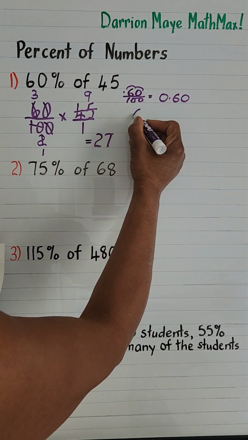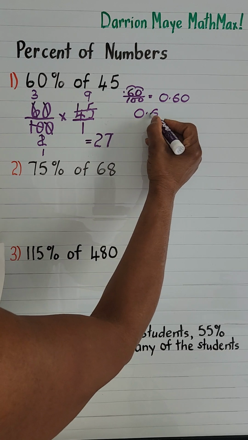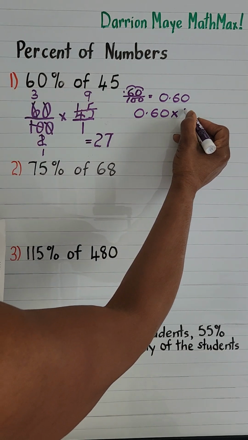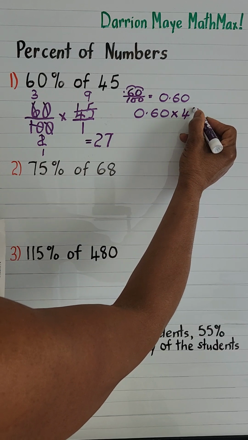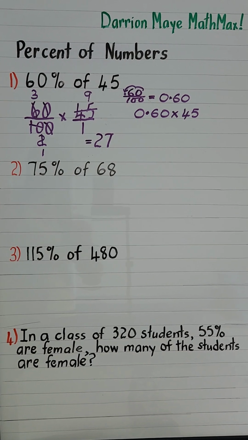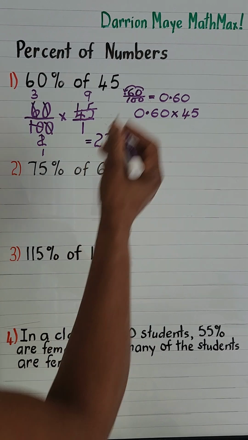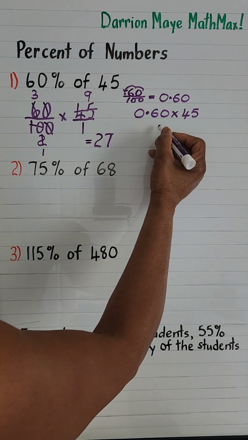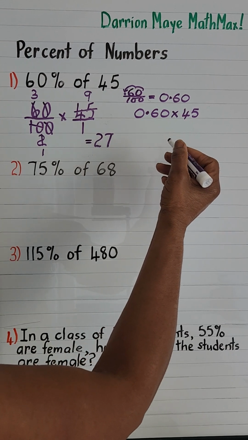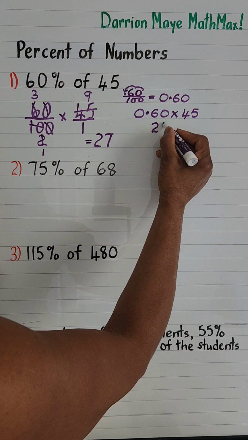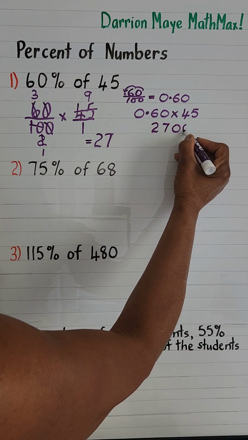Now, 0.60 of means multiply by 45. Now, 0.60 times 45 is equal to 60 times 45, which is 2,700.